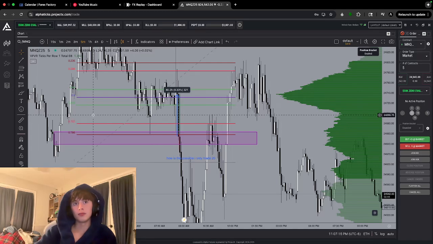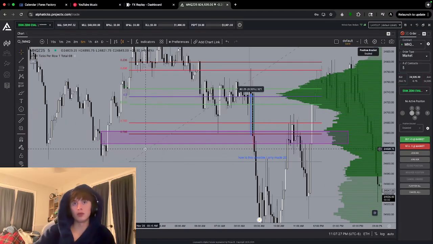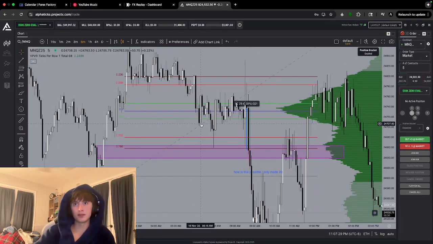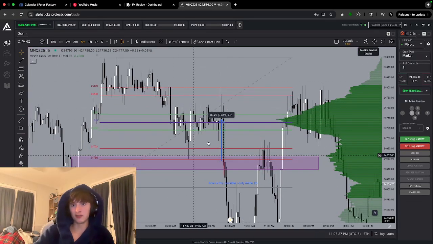Really anywhere in this area is the key level. Wherever the 5-minute fair value gap is, that's where you take the trade, the lowest 5-minute fair value gap, or the first touch. Like this would have been an A+ trade. That went first touch right here, went all the way up.